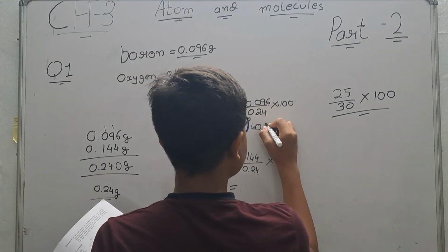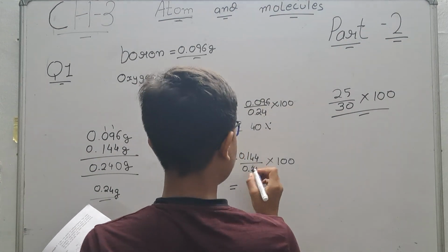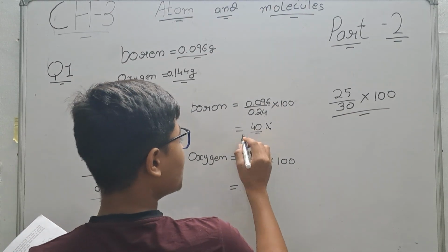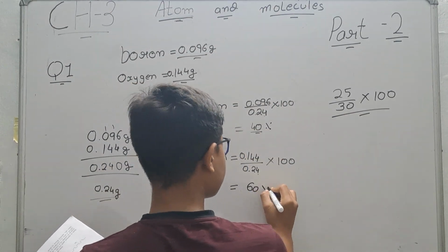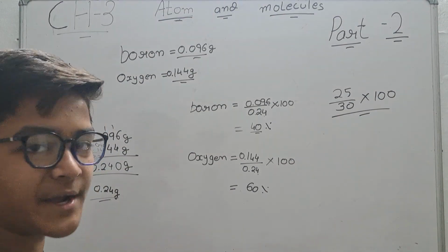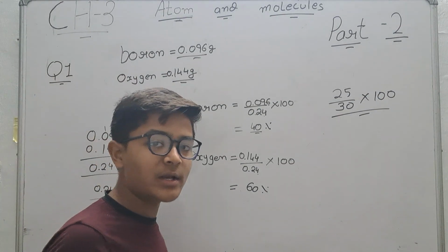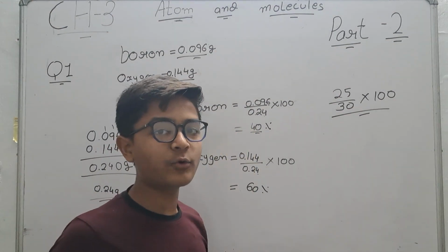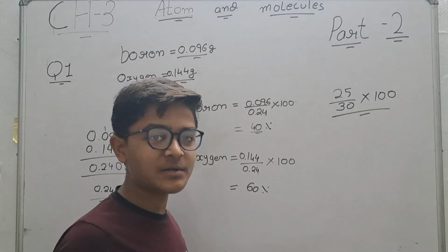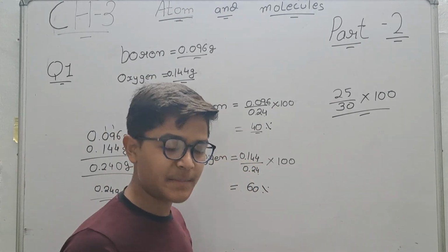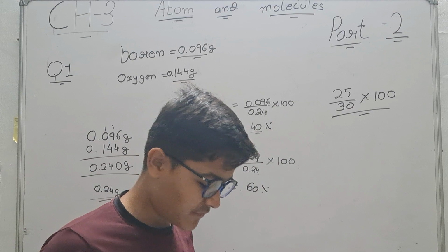I got 40, so you have to calculate in your mind, and obviously, if you are getting 40 over here, you will get 60 over here. How 60? Because the total percentage is 100, and if boron is carrying 40%, obviously oxygen will carry 60%. So we have done our first question.